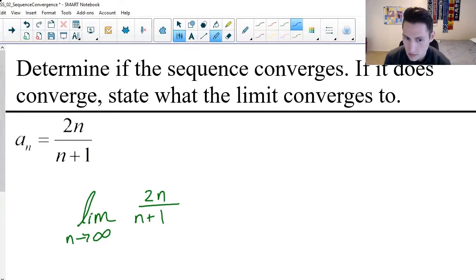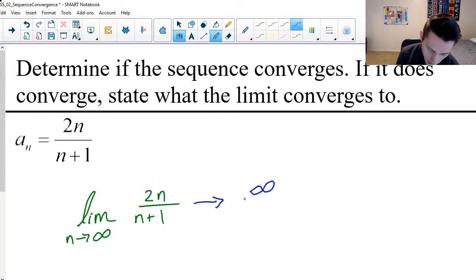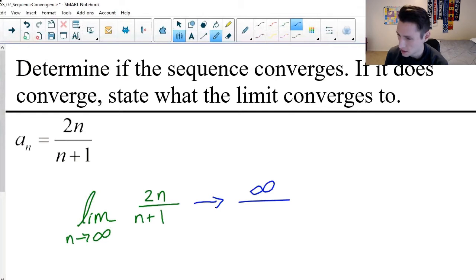Well, currently, when I have a rational function, 2n over n plus 1, I'm going to first think about the numerator and denominator individually. So 2n, as n goes to infinity, 2 times bigger and bigger numbers, is just going to go to infinity. And the denominator, n plus 1, bigger and bigger numbers plus 1, is also going to go to infinity.